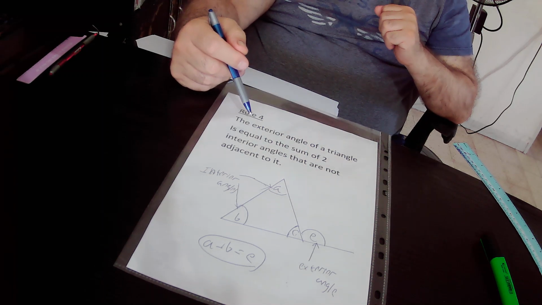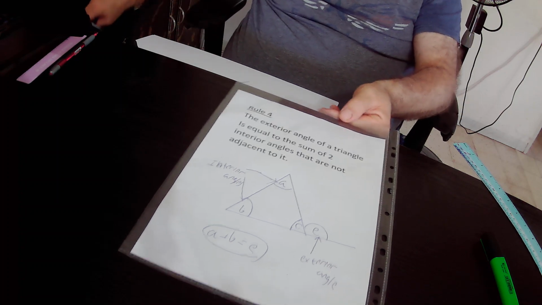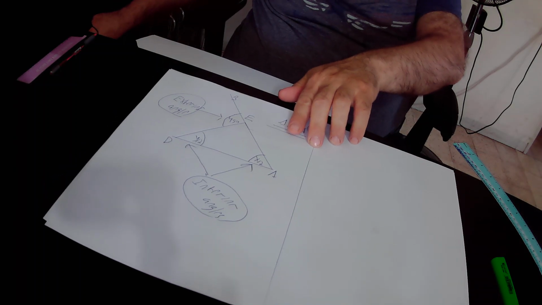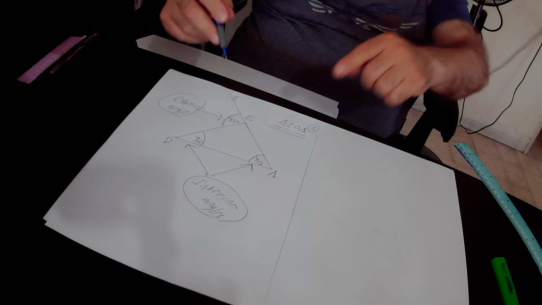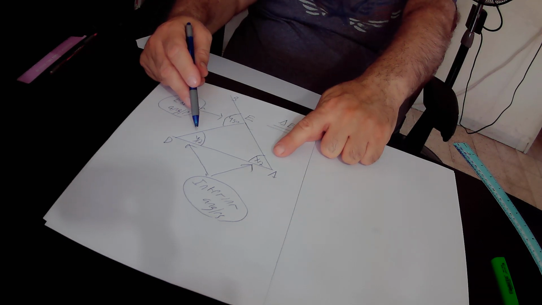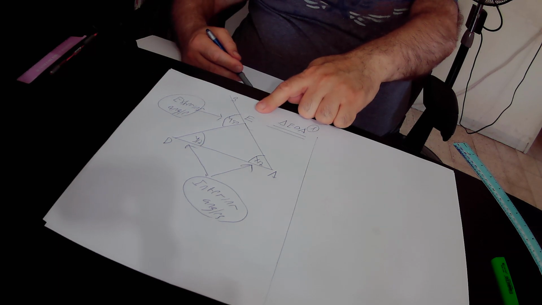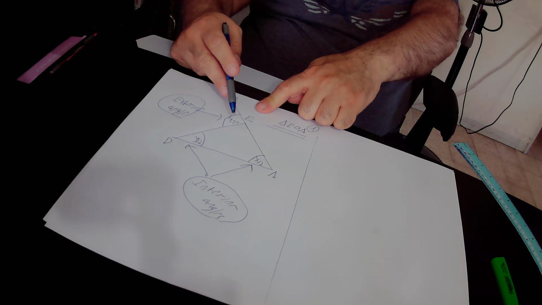Okay, so we can actually implement rule 4 in our drawing. Why? Because in our drawing we have triangle DEA, and those two angles, x over 2 and y over 2, are two interior angles. And this is angle BED, that is defined as an exterior angle of this triangle DEA because it is located outside triangle DEA.